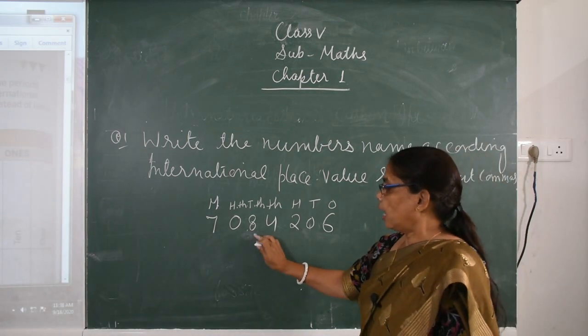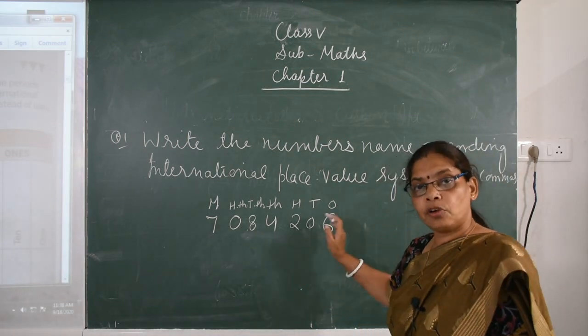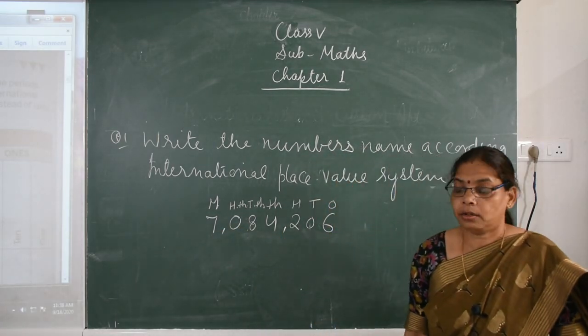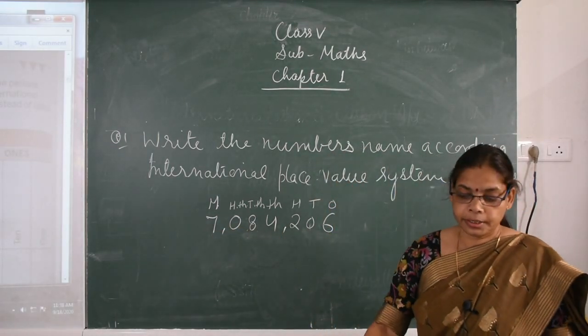We put the comma after every 3 digits, starting from one side. So understand, children?